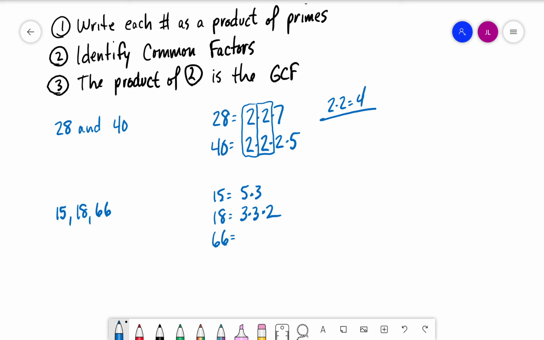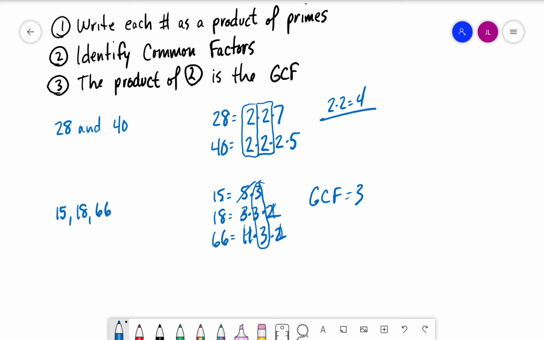That's 11 times 3 times 2. So if we think about this, what do we have in common? Well, not 5. 3. Everybody has a 3. Only 2 of them have a 2, not all of them. All of them have to have it. So the greatest common factor of 15, 18, and 66 is 3.